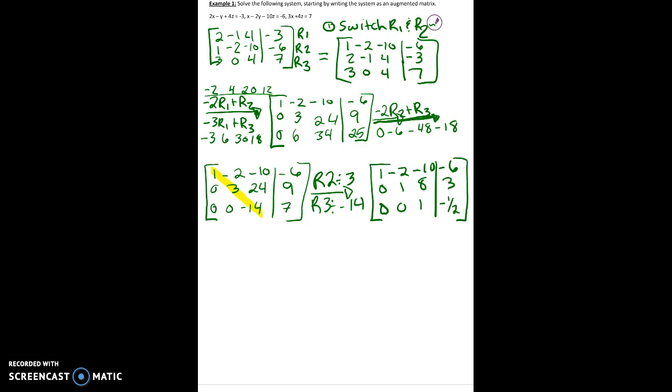Now, this right here where we have ones in the diagonal is called row echelon form. That's when you have ones along the diagonal, and that's the main diagonal, if you remember from our vocabulary.